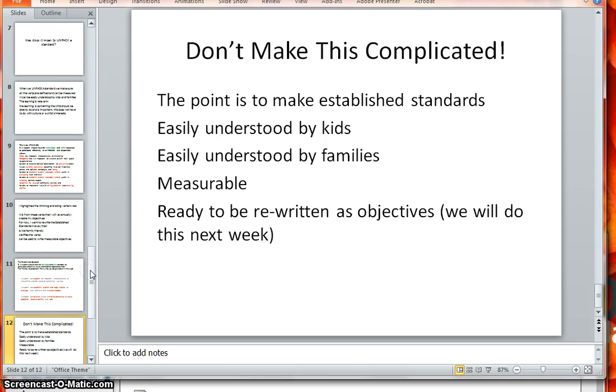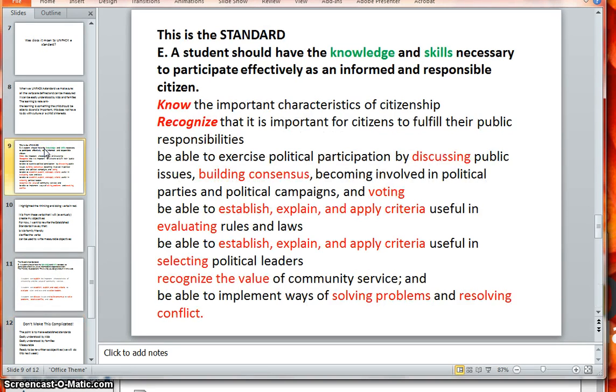So that's your task for this first assignment, to go from something like this that you might find at your school district webpage or on the Department of Education, something that's rather complex and complicated and has these verbs that we can't define, to something that looks like this.